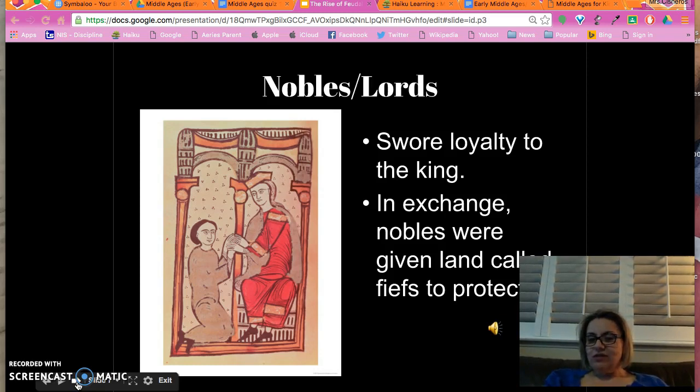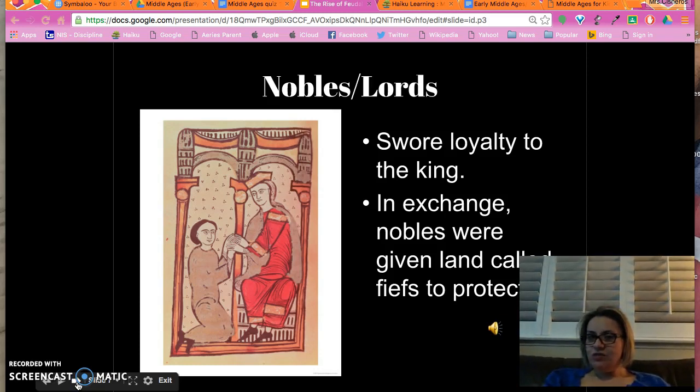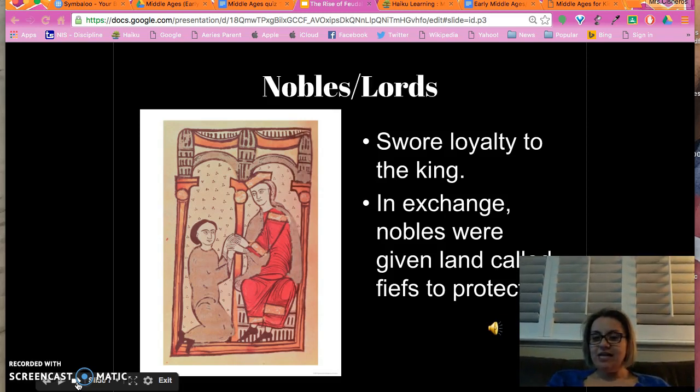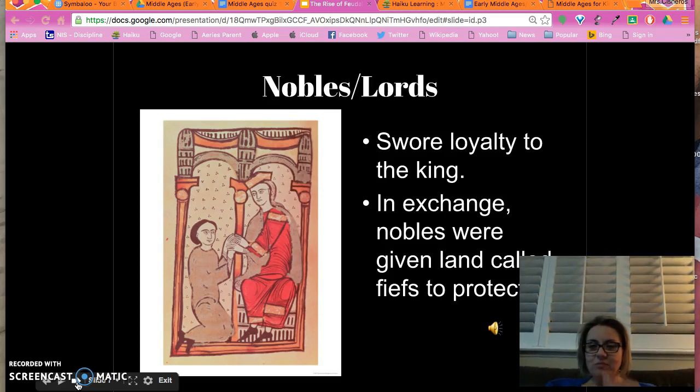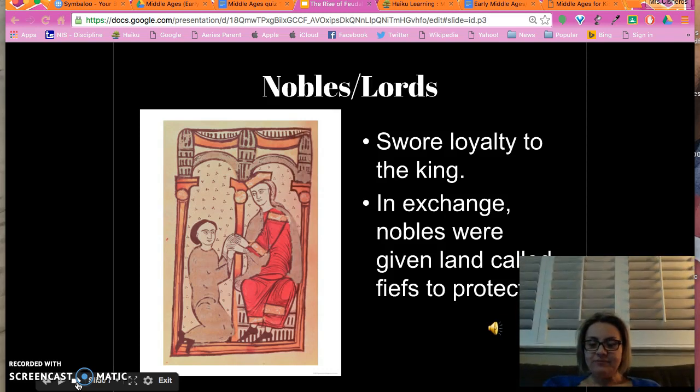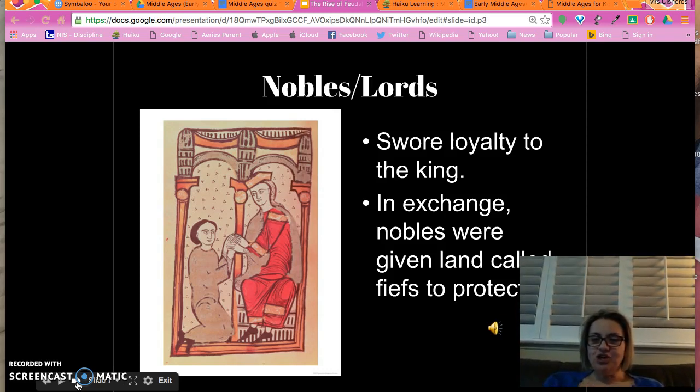Nobles and lords. Now, nobles, also known as lords, swore loyalty to the king. In exchange, nobles were given land called fiefs to protect.